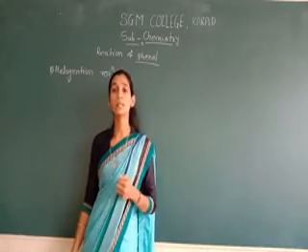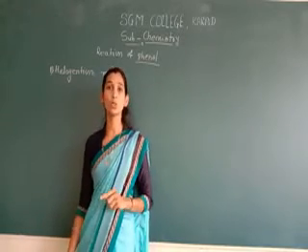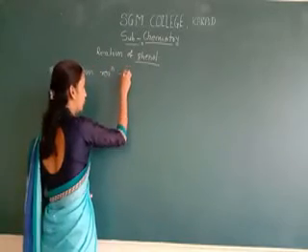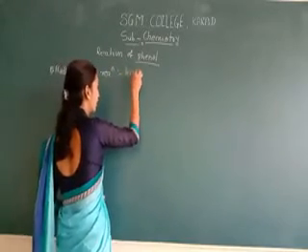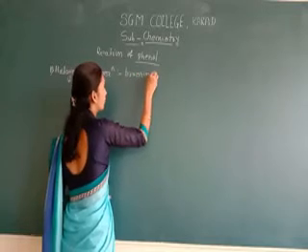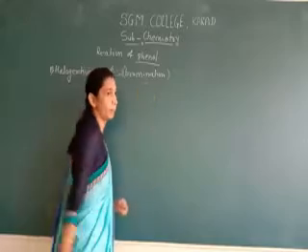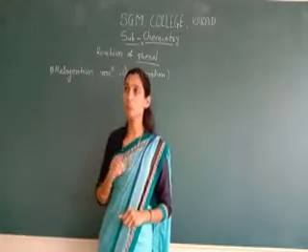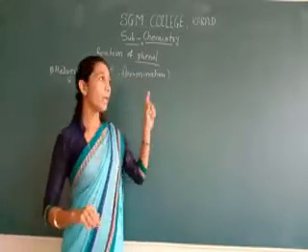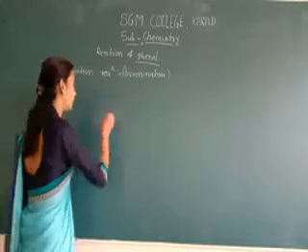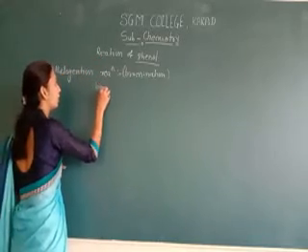First we discuss the aqueous solution of bromine. Here we are taking the example of bromine, that means bromination reaction, with the aqueous solution of bromine, that means bromine water.